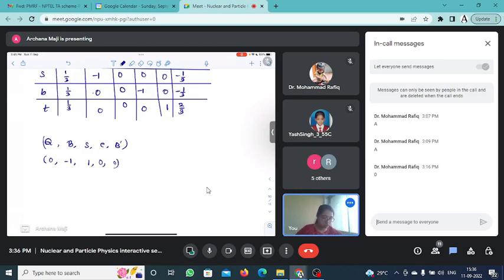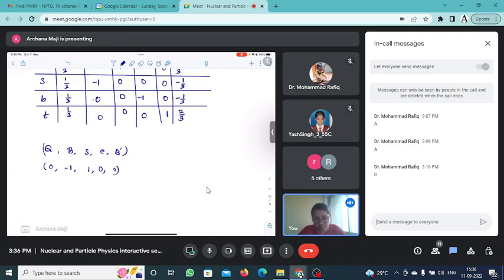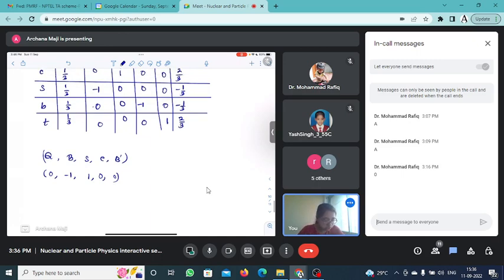So now baryon number is minus 1, strangeness is 1, and charmness 0, bottomness 0, so no charm quark, no bottom quark. And baryon number minus 1 means it will be made up of 3 anti-quarks, and strangeness is 1, which means, so you tell me the quark content now.